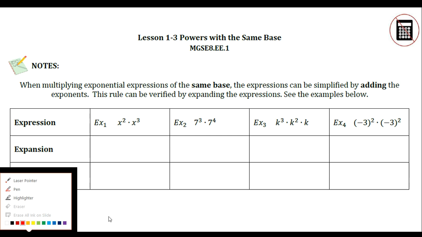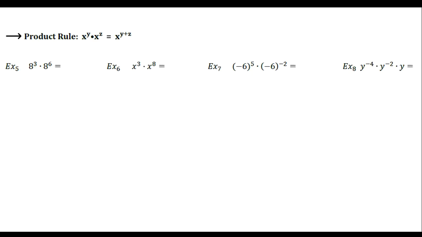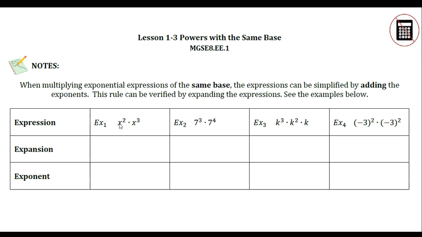So in our example number 1, we can see that we have x squared times x to the third. So we are multiplying these powers that have the same base. We're going to show the rule by first expanding what this means. So x squared is simply x times x.